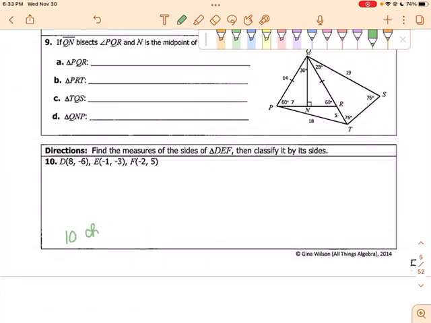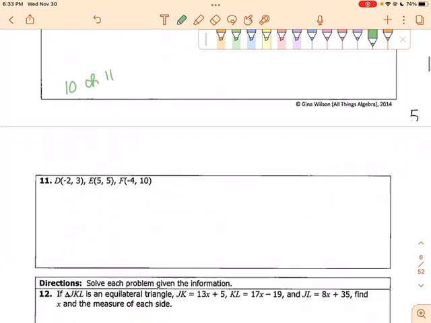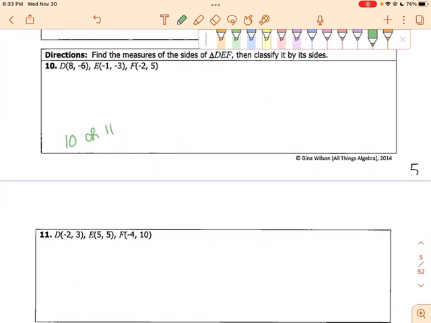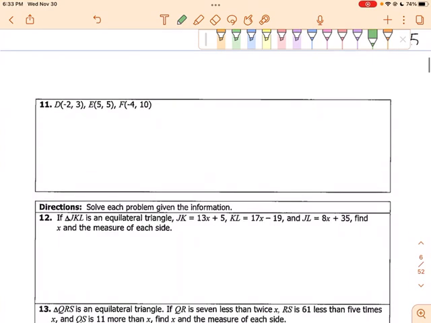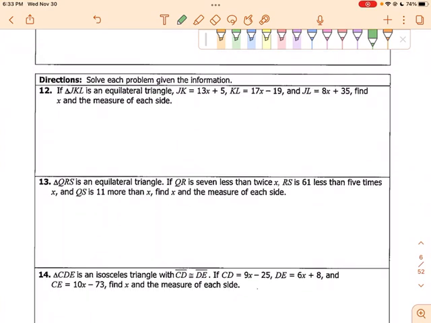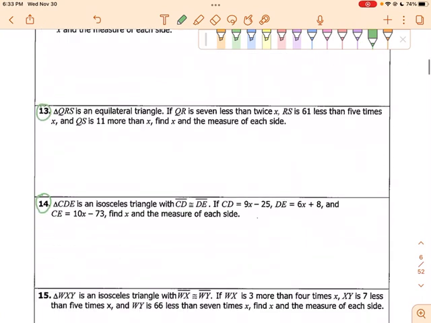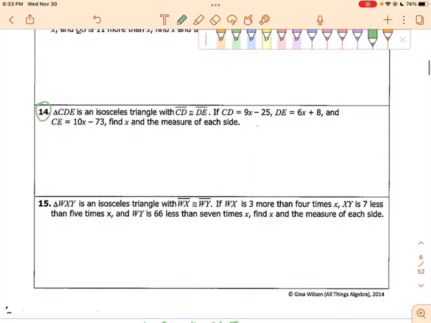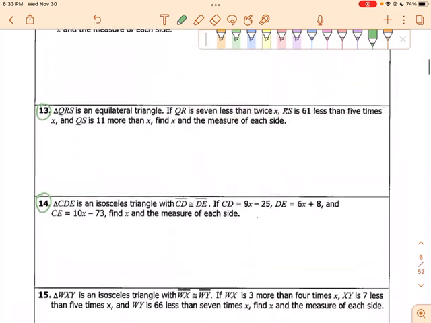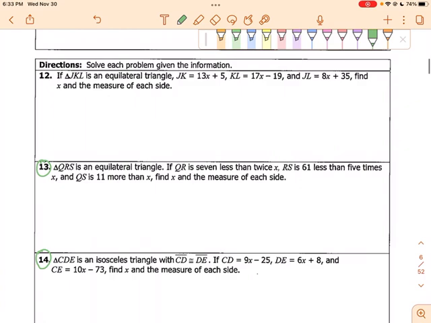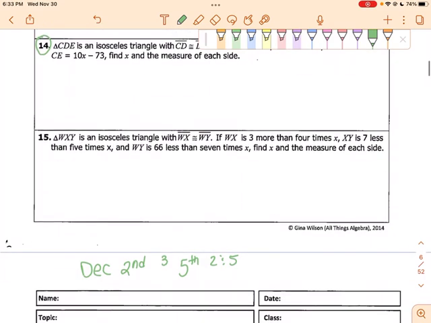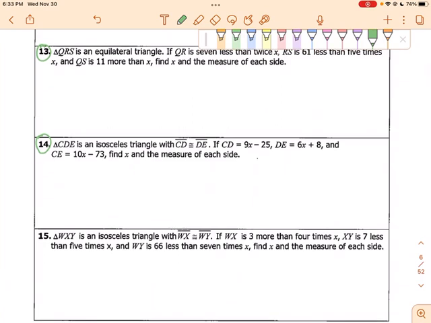Definitely do 9. 9 is a good one. When it comes to 10, you're going to do 10 or 11. So you pick. I don't care which one you pick, but just do 10 or 11. I know those take a little while, so don't go crazy. And then here, yeah, definitely do 13, 14. And then if you don't do 12 or 15, that's okay, because we did a lot of extra examples during class today.